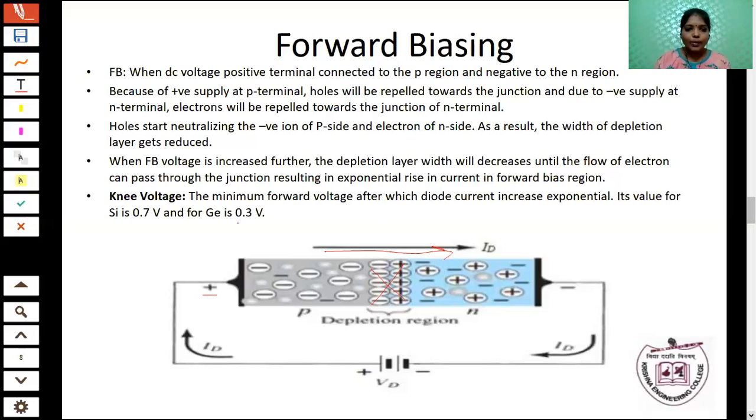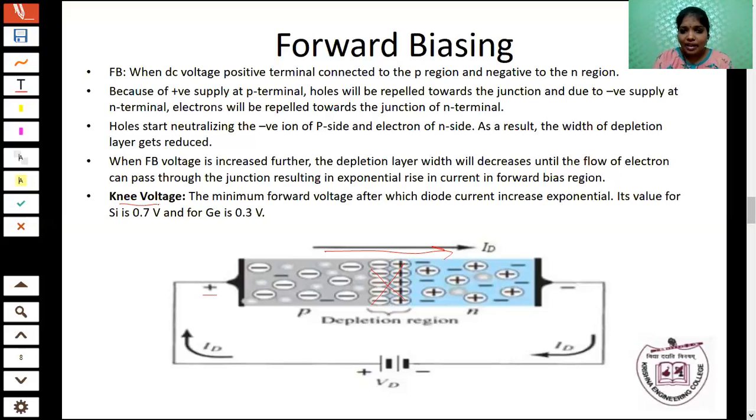Okay. So another important thing you have to know: what is the meaning of knee voltage? The knee voltage is nothing but the minimum voltage required by the diode. Already I told you that the diode is made up of silicon and germanium material. Okay. So when you increase the diode voltage, what will happen?